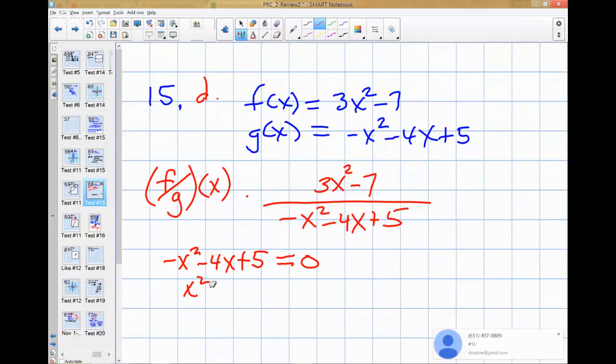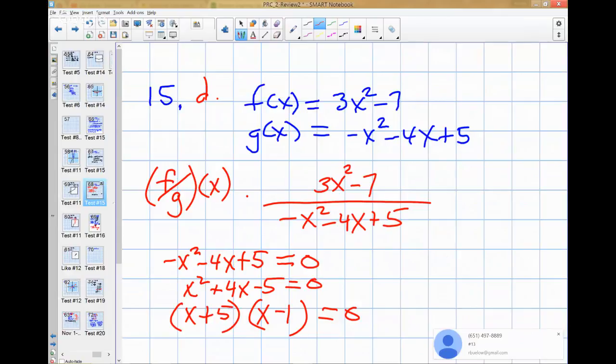So let's multiply both sides by -1, and then it looks like I can factor that. It's x plus 5 times x minus 1.